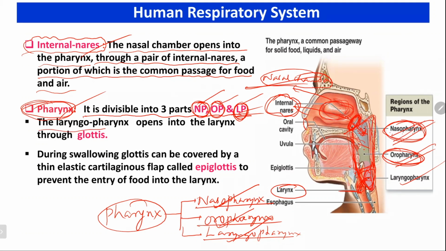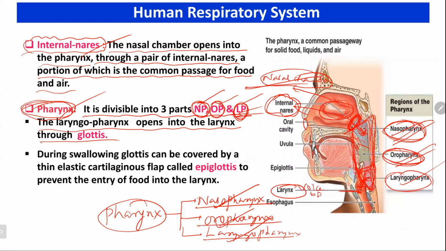The laryngopharynx opens into the larynx. You can clearly see here I have shown the laryngopharynx opening into the larynx. The larynx is also called the voice box.